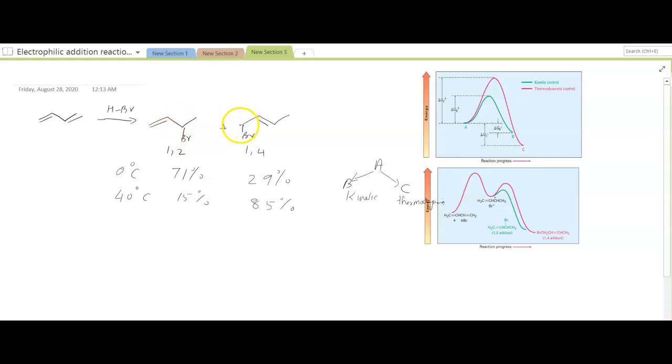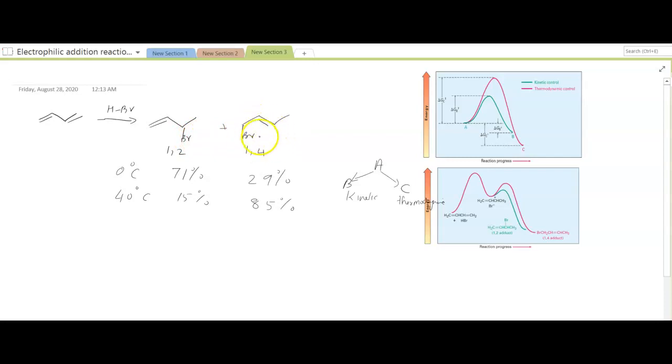So a primary carbocation is less stable than a secondary, therefore this one would be formed slower. So the reaction which will be faster would be the one that has a more stable intermediate, which is your secondary carbocation. But as the temperature is increased, more and more molecules can cross over that energy barrier, as a result of which the thermodynamically more stable product is now formed, which is your 1,4 product.